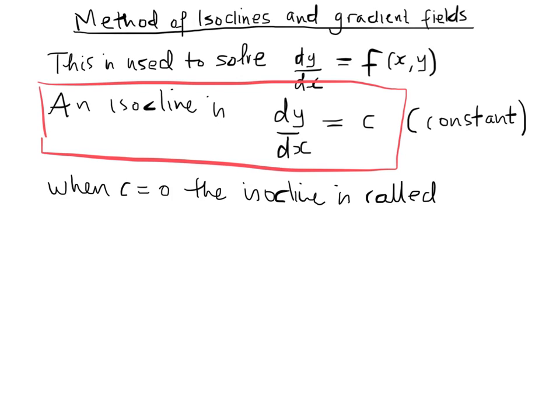Null. Come across that? Anyone doing programming? Null. It's called the nullcline. And if you're using temperature, it's called the Kelvincline. No, it's not. Sorry. Okay, so that's called the nullcline. In other words, dy by dx equals naught.